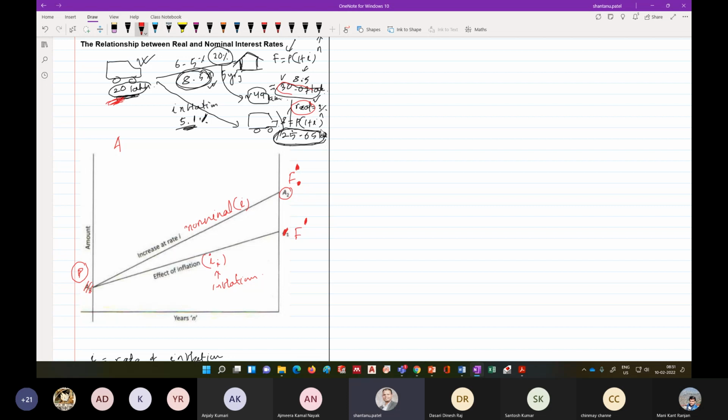Now, as I'm saying, your 25.65 lakh has increased to 30.07 lakh. So we need to calculate what is the I real here. This is the real interest rate.